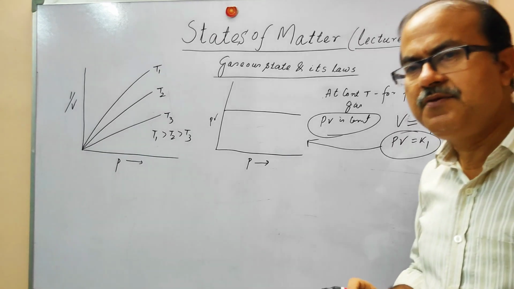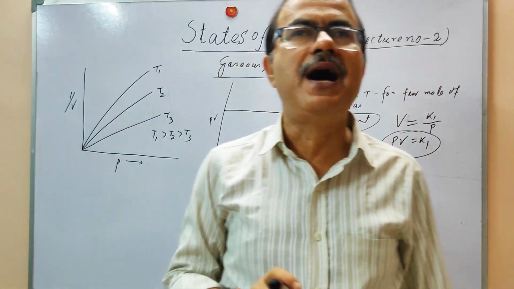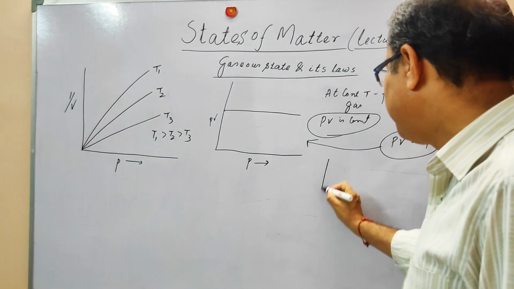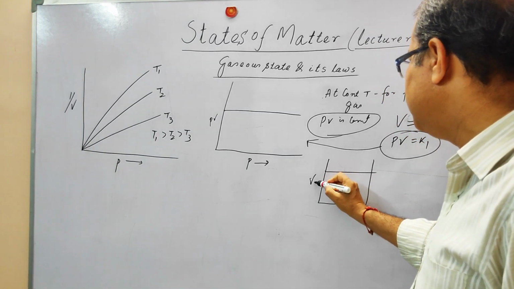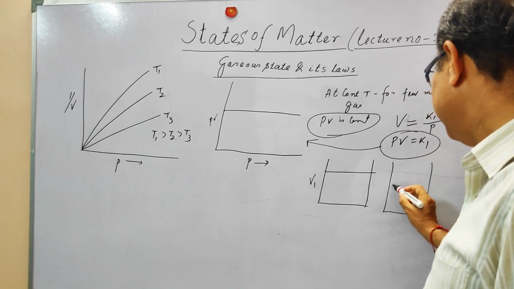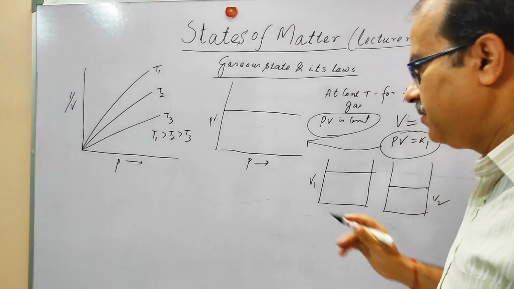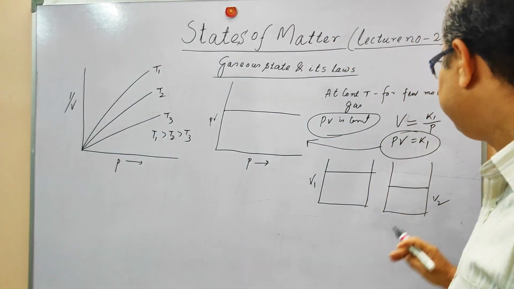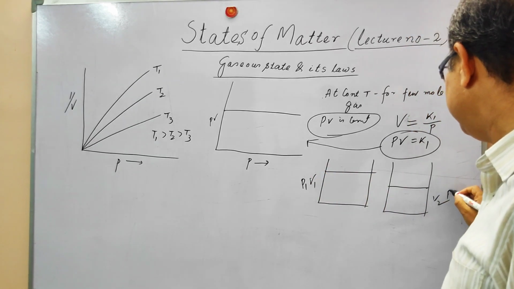So what we understand from Boyle's law is that gas is highly compressible. Suppose this is a gas with initial volume V1, and we compress it to V2, that is, we have reduced the volume. Suppose the pressures are P1 and P2.